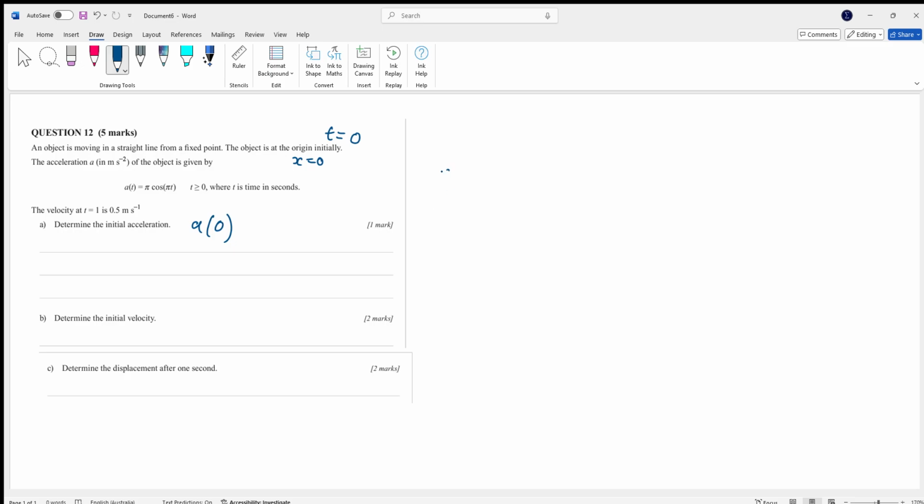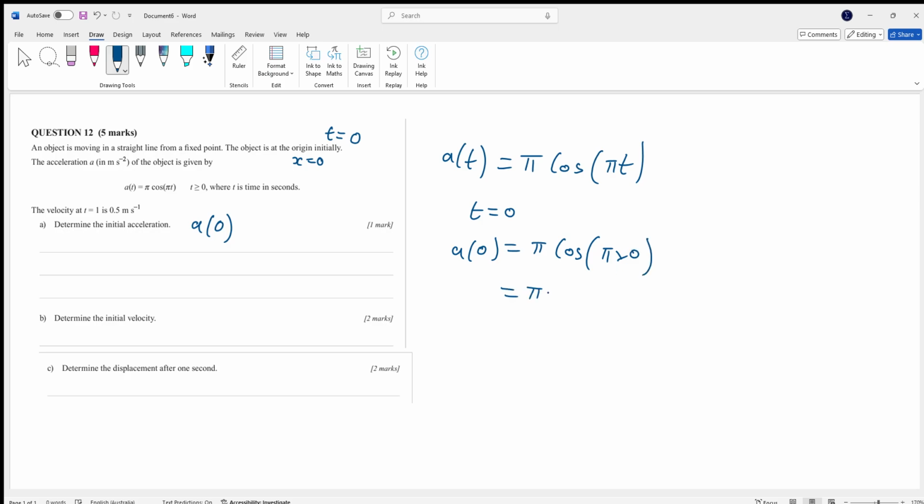So here we've got acceleration as a function of time. Acceleration is pi times cos pi t. All you've got to do is chuck in t equals 0. So a of 0, wherever you see that t, you replace it with a 0. So you have pi times cos of 0.